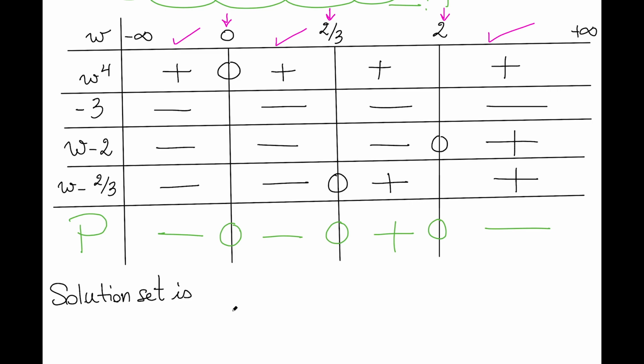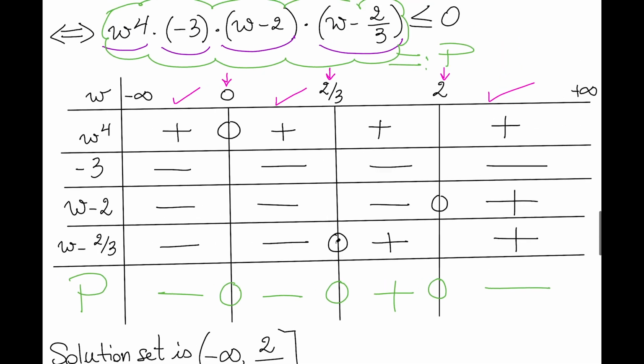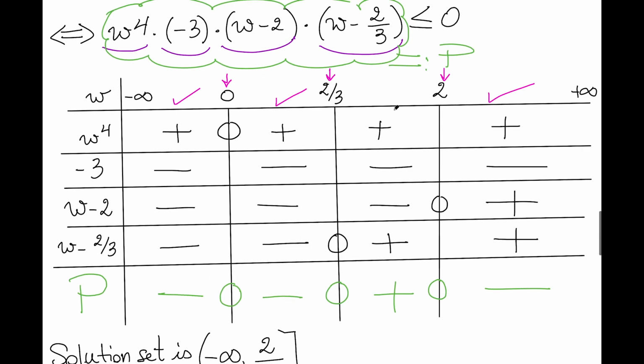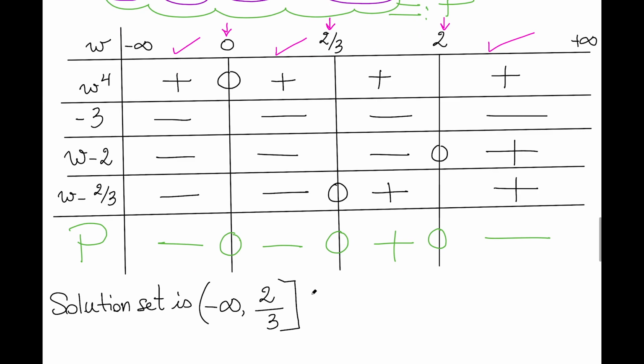So I'm going to have minus infinity to 2 over 3, including 2 over 3, because at 2 over 3, the product is 0. The product is 0, and this is part of the question. I'm allowing the product to be 0. And then I'm going to adjoin all these points to the points that are from 2 onward, because this is where also the product is 0 or less. So 2 plus infinity.